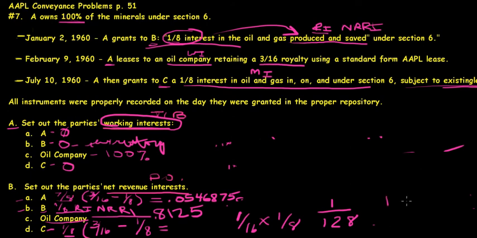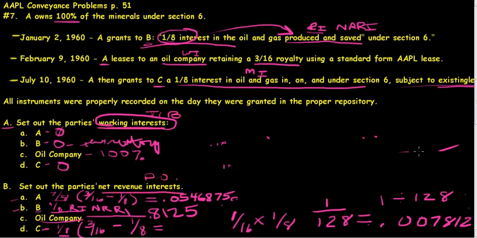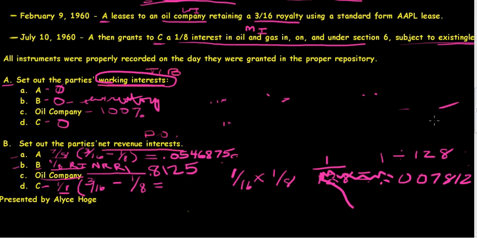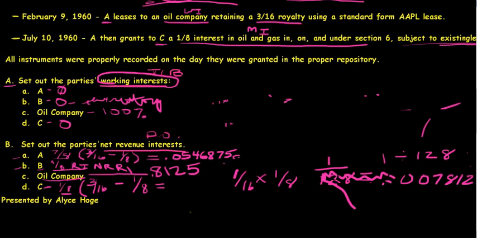So now we're going to divide 1 by 128, and that equals 0.0078125. Let's do it up here. 0.0078125, and that's going to be C's interest.